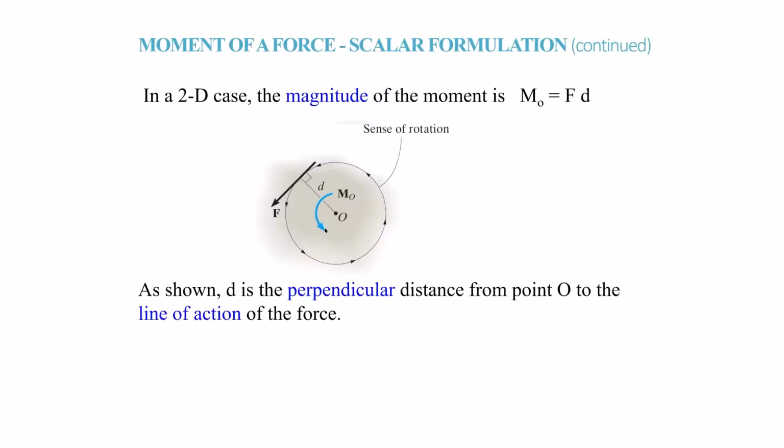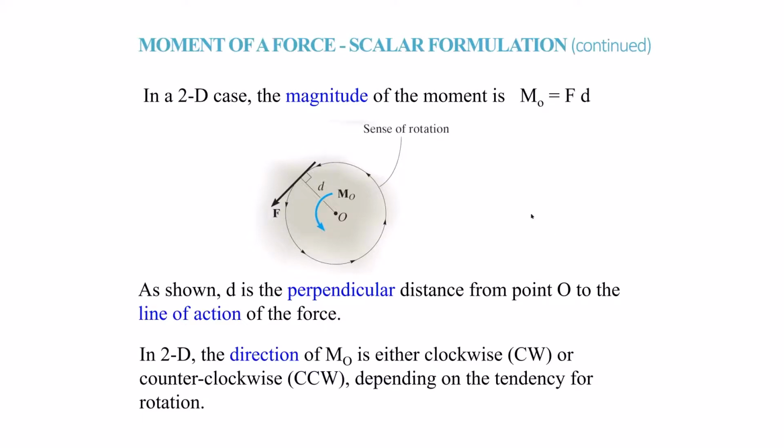The thing we need to pay attention to, and here's a top view, is the so-called sense of rotation. If a force acting at some distance causes counterclockwise rotation, it's going to be positive, so this would be F times D. If it caused rotation the other direction, like if this force was reversed, it would be negative F times D. We have to pay attention to this sense when we're talking two-dimensional cases.